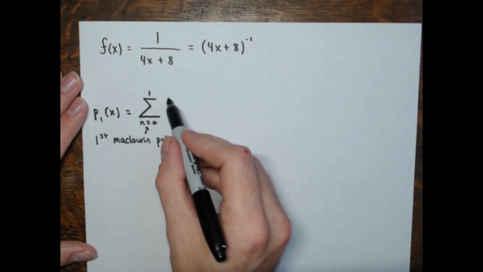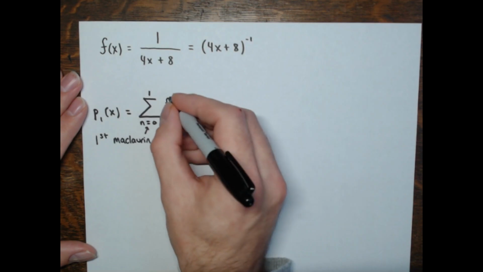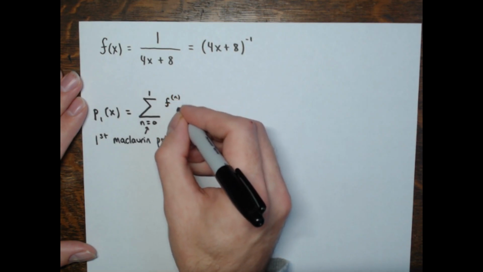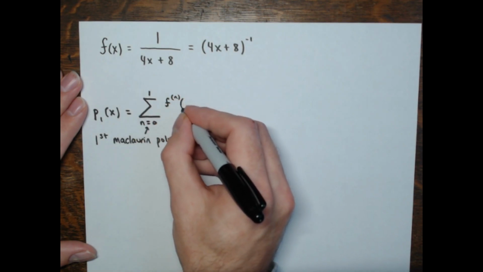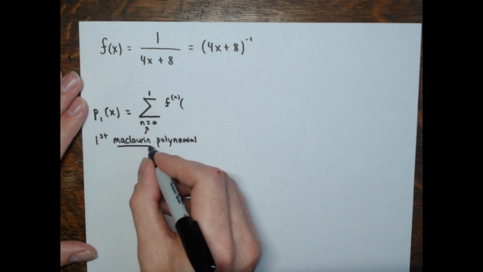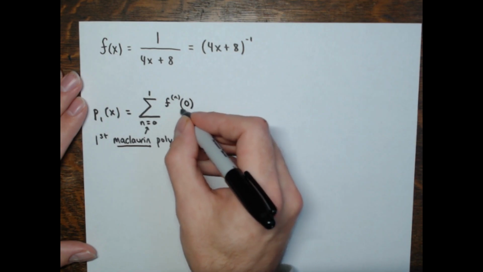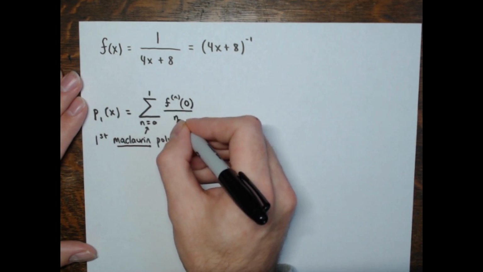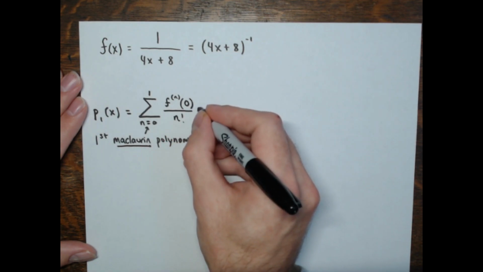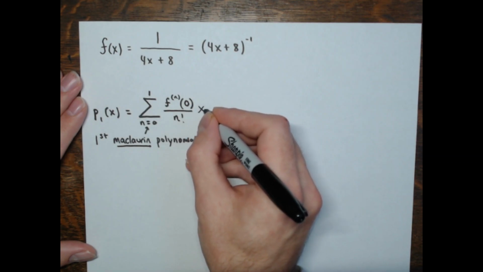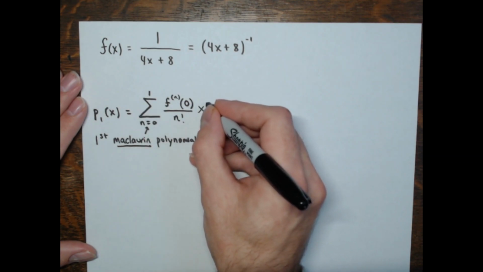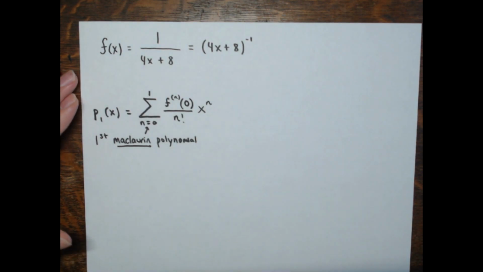Every term looks like this: the value of the nth derivative, whatever little n is. And if it's Maclaurin, that means it's centered at 0, so I'm taking the value of these derivatives at 0, dividing by n factorial, and then times x minus a. Well, a is 0, so x minus 0 is x to the nth power.